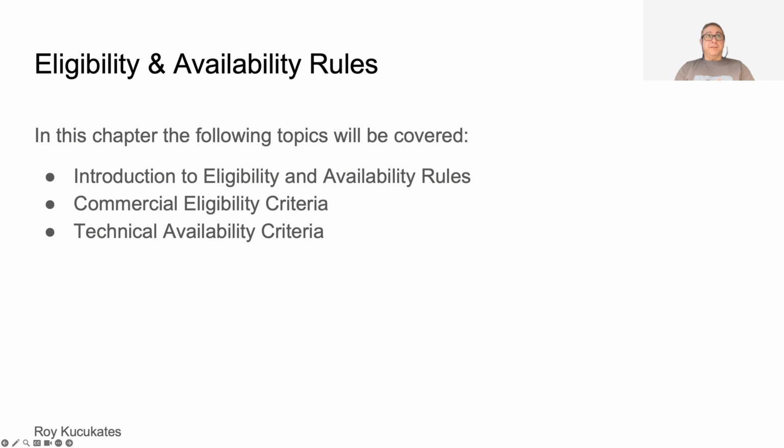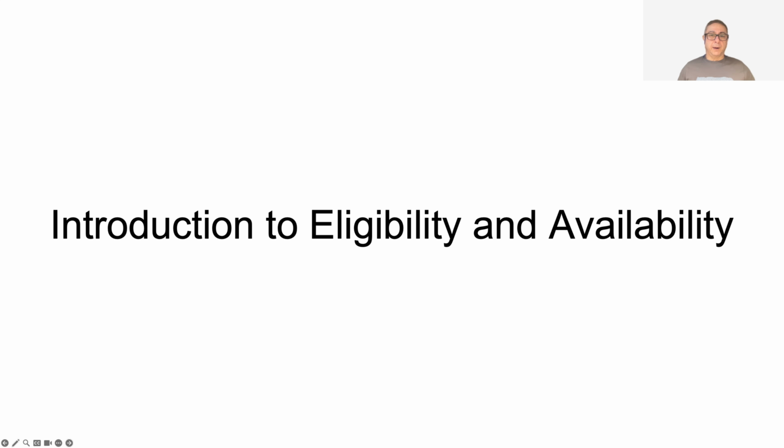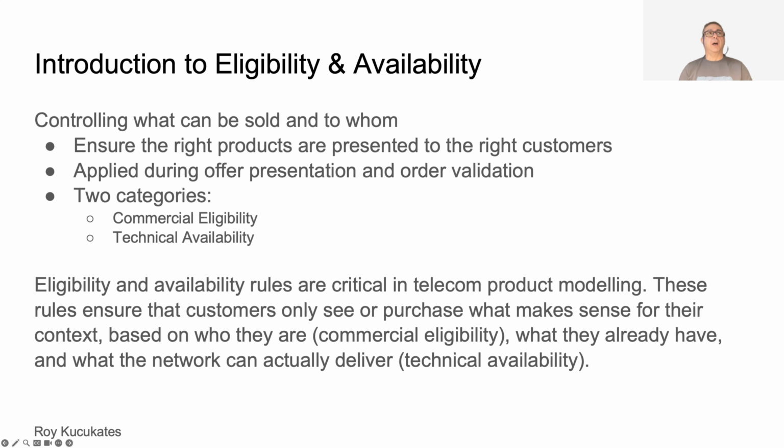I want to emphasize that eligibility and availability are used for commercial and technical purposes, and these are the most mixed concepts, where people sometimes use eligibility instead of availability, etc. So the key point is that eligibility is always commercial and availability is always technical. Let's start talking about these criteria and how they are used.